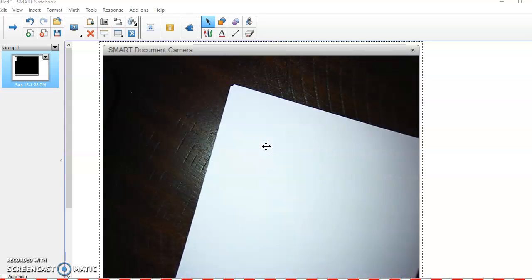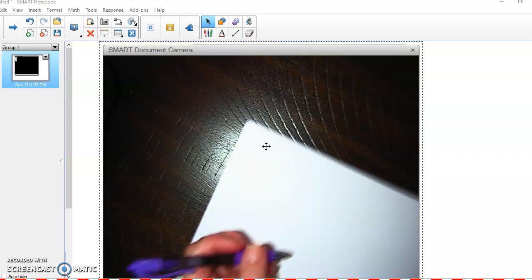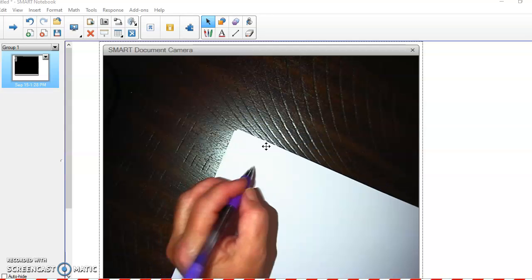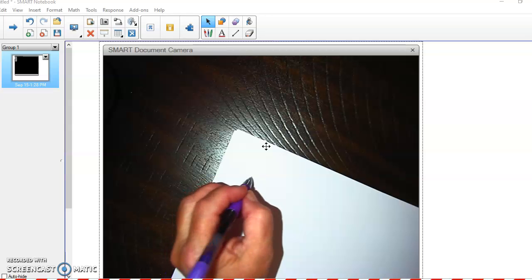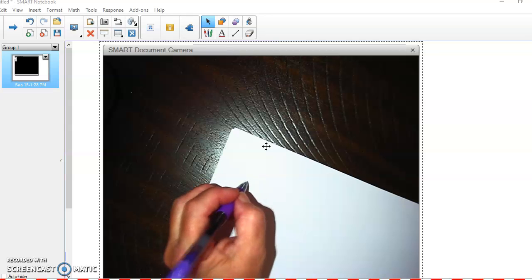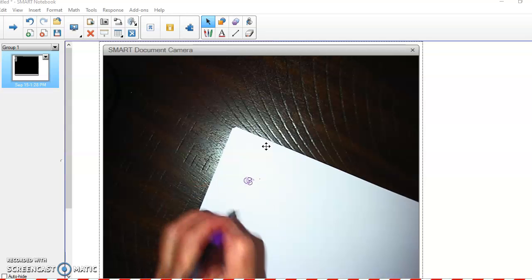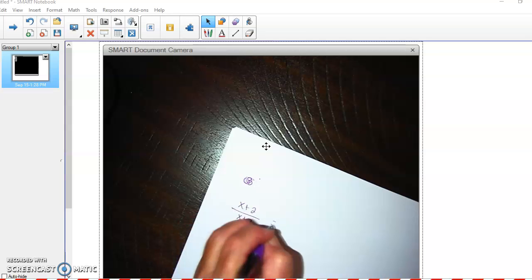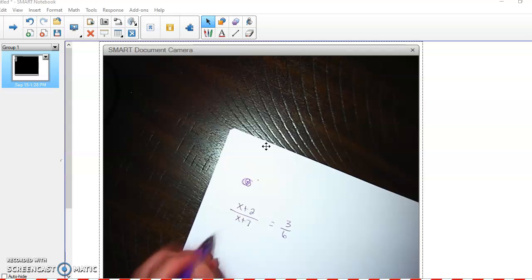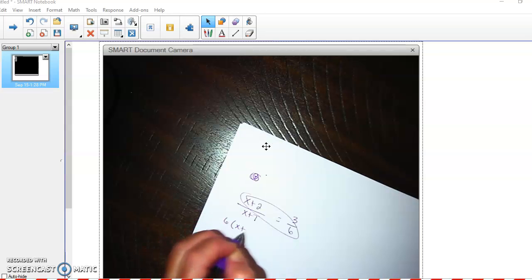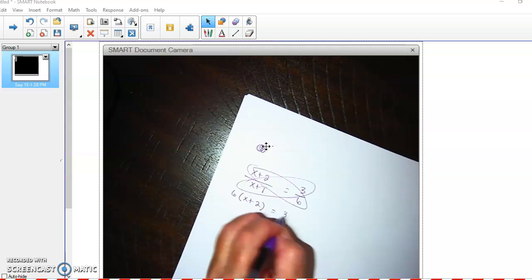And then the next one, no, that one's good. So the next one we're going to do is x plus 2 over x plus 7 equals 3/6. So we're going to say 6 times x plus 2 equals 3 times x plus 7.